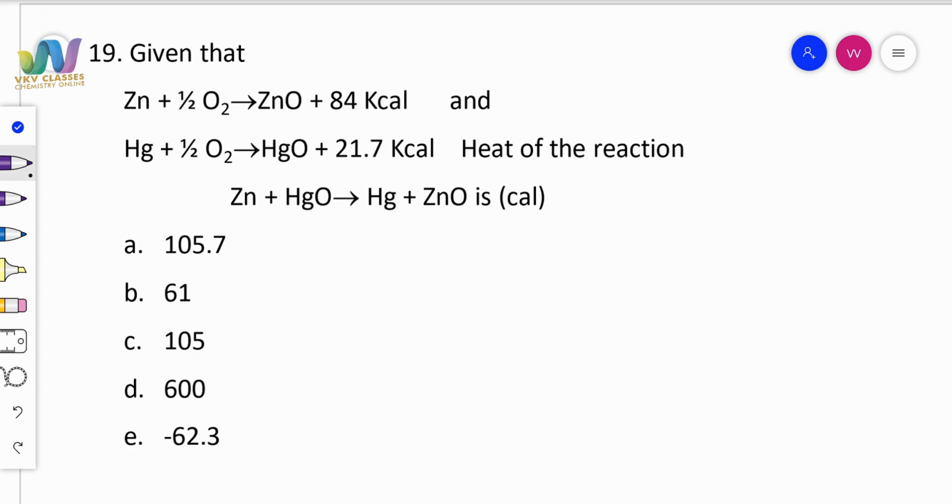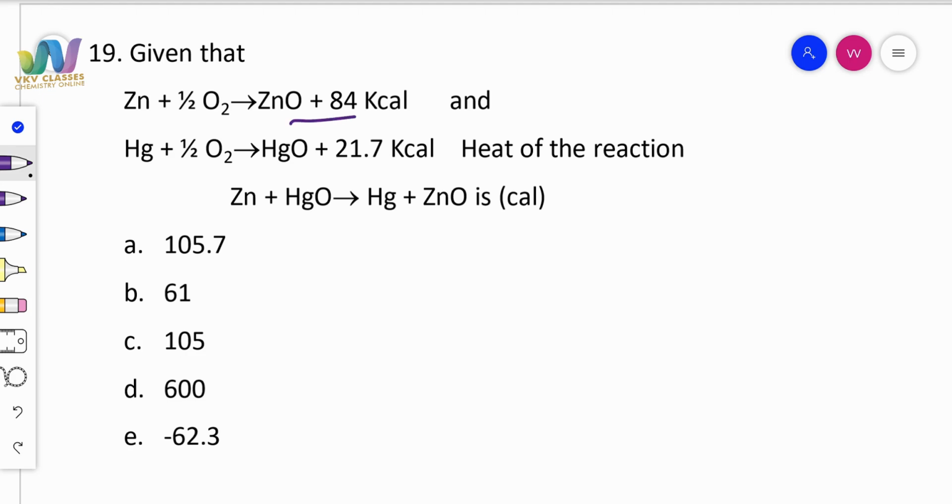Given that Zn plus half O2 gives ZnO plus 84 kilocalories and Hg plus half O2 gives HgO plus 21.7 kilocalories. Heat of reaction Zn plus HgO gives Hg plus ZnO in calories is. Now, the equations given here are not actually thermochemical equations.